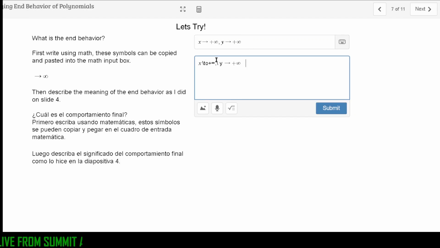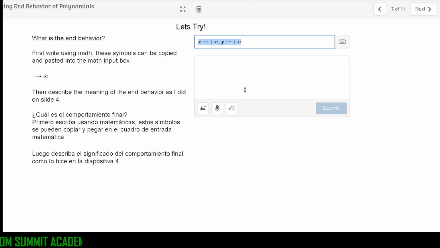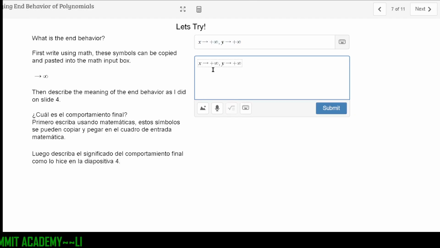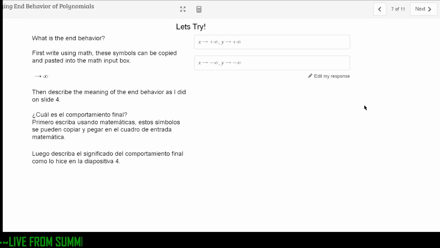Let's do negative, negative infinity. So I have both of those. As x goes to positive infinity, so does y, and as x goes to negative infinity, so does y. So try using those to type those in.